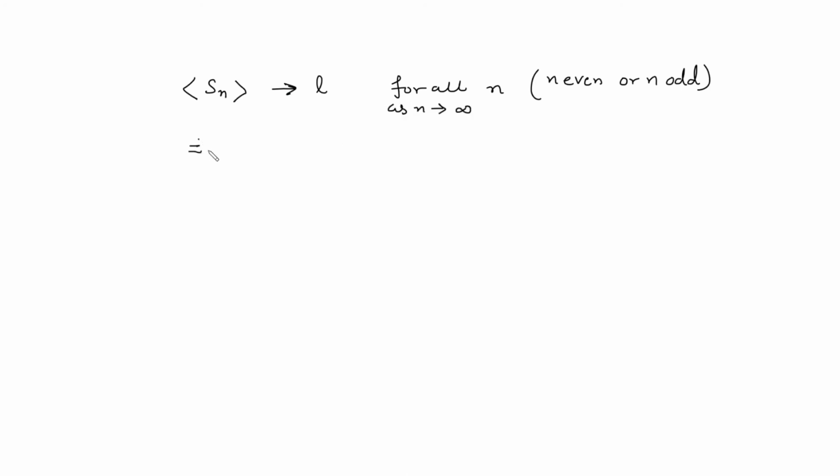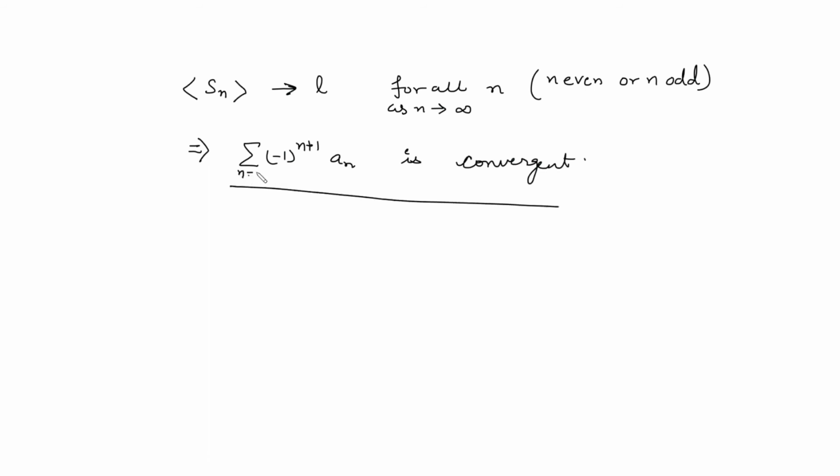So this implies what? The given series is convergent. So an alternating series which satisfies the three conditions is always convergent. This is our alternating series test.